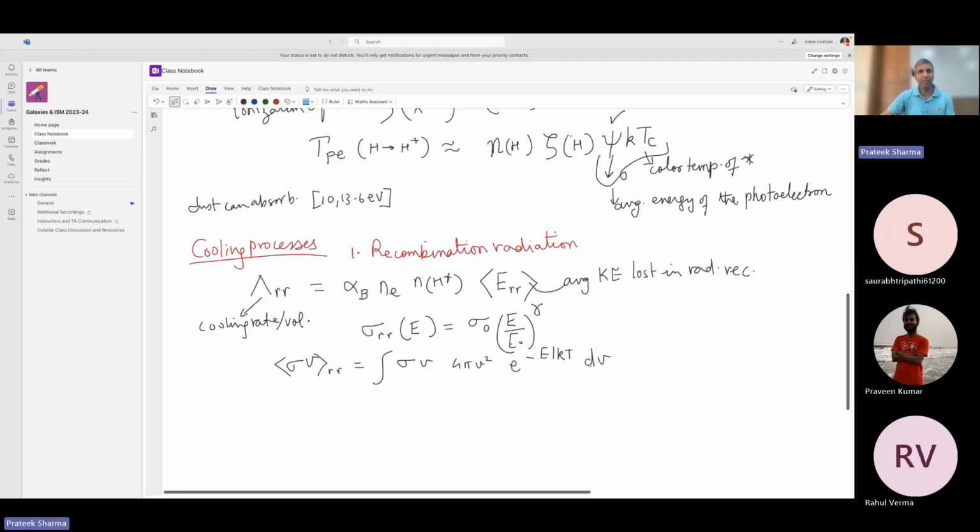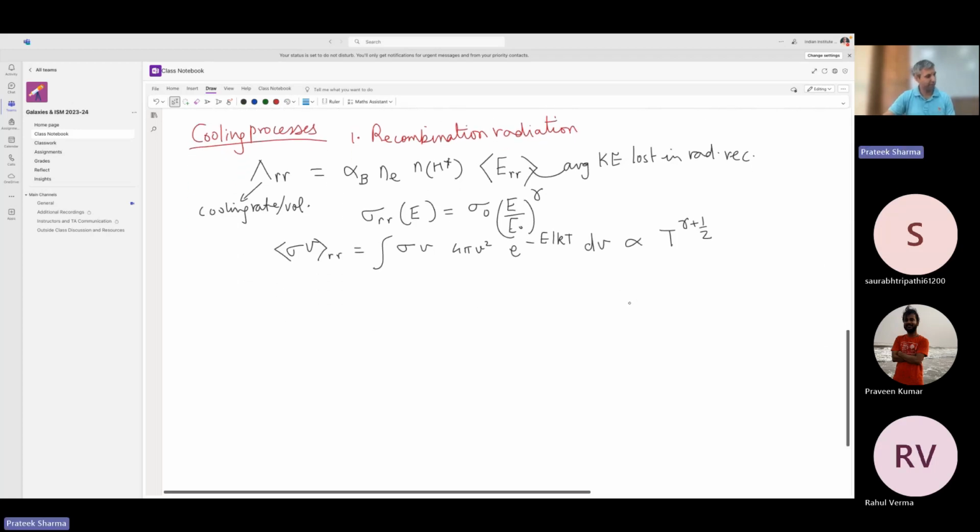And if you average over all the energies, with some sort of a form like this, you get a power law in temperature. That's the only thing you can get. All these, E naught, sigma naught, and so on, are atomic physics, collision physics, so we will not get into that, but we have this expression.